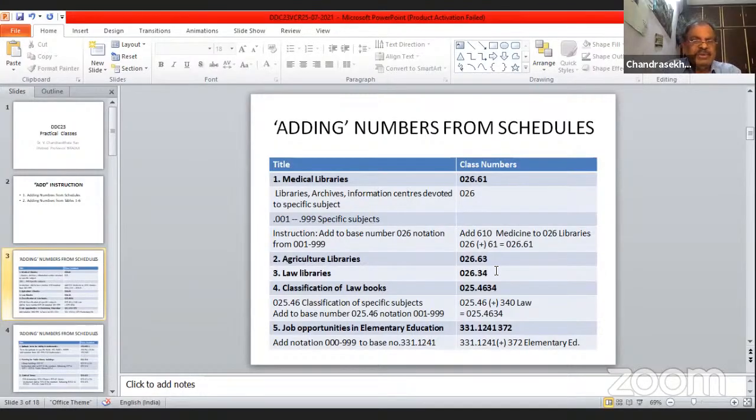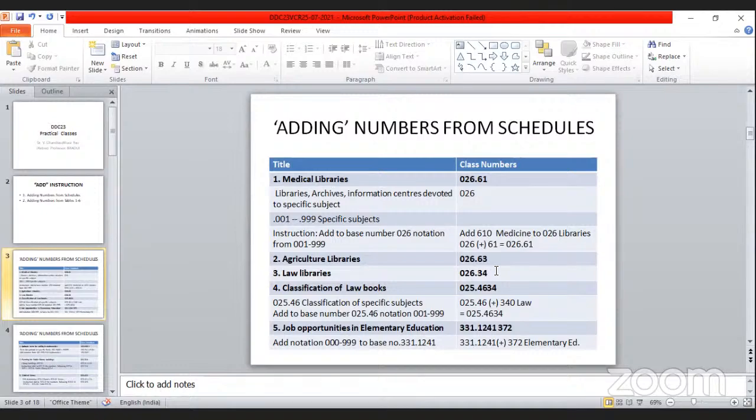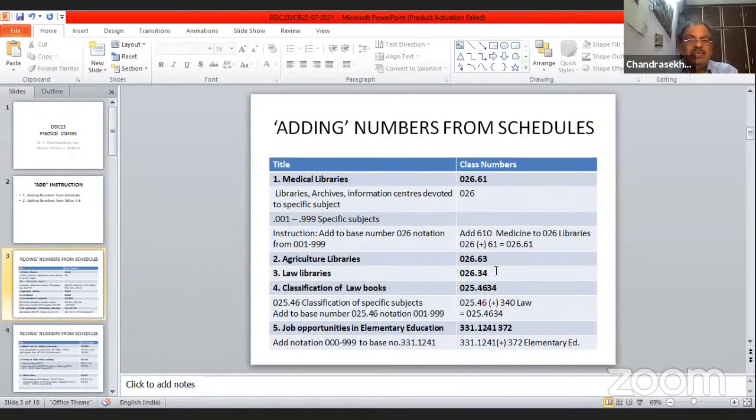Here there is another example you have given: job opportunities in elementary education, elementary schools. So add notation 001 to 999 to a base number. The job opportunities number is 331.1, 331.124. 331 is labor economics, within economics, 330.